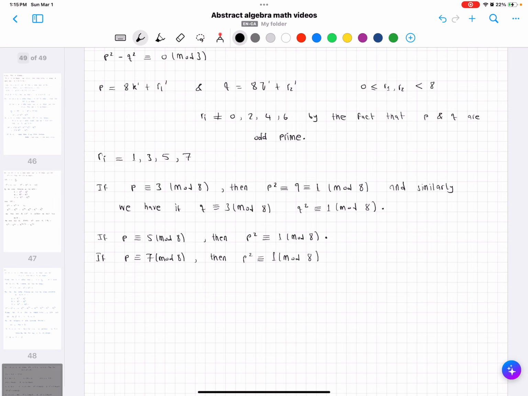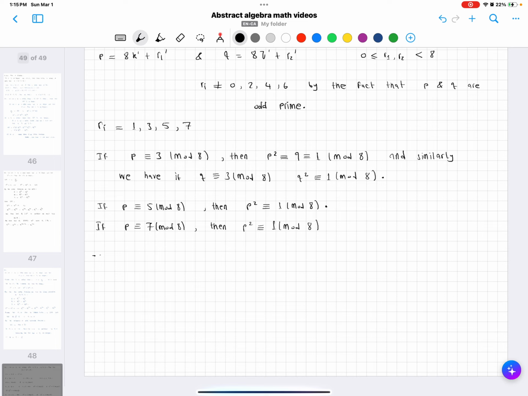And similarly for Q. Therefore, P squared minus Q squared is congruent to 0 mod 8 in both cases.